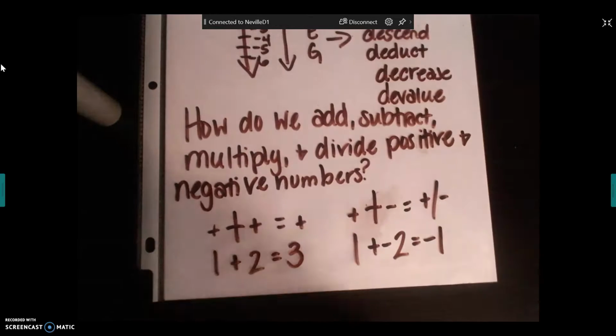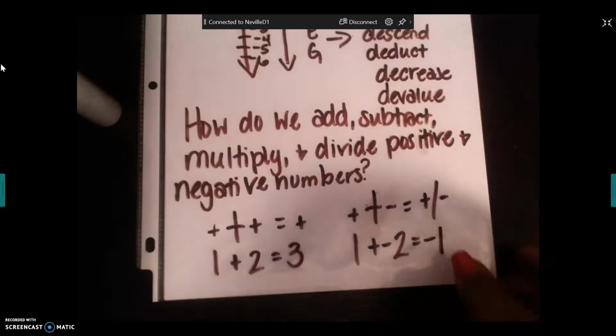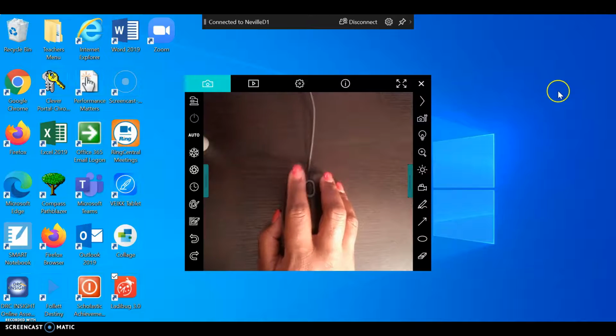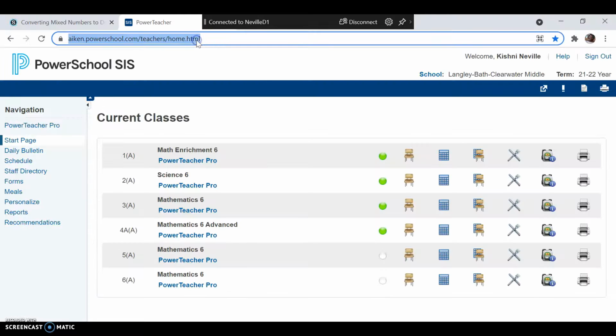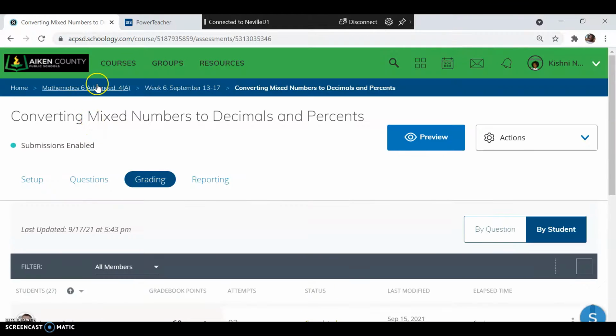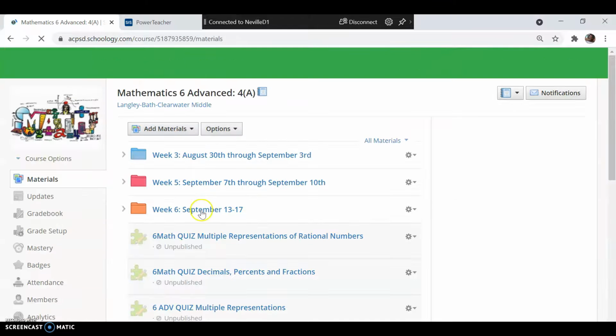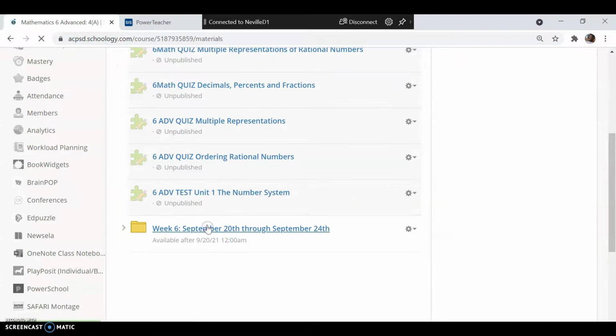So I want to show you something, and I've already sent you the link in Schoology, but you don't want to touch your laptops yet. You're going to be able to play with this today. You're going to go into your Schoology folder, in our yellow folder for this week.